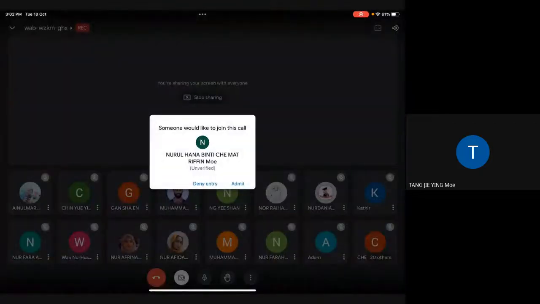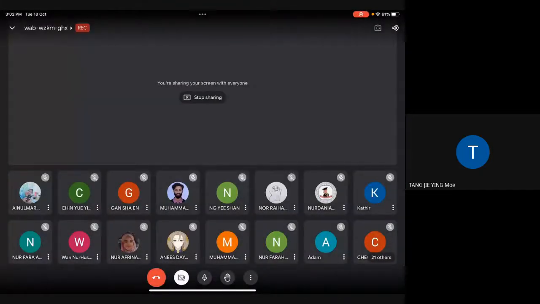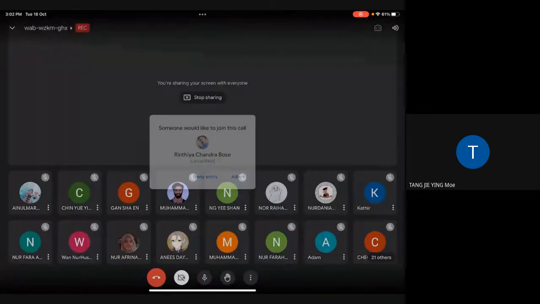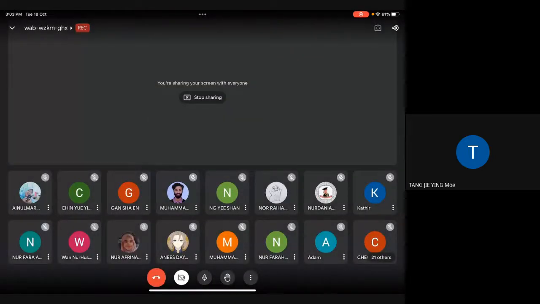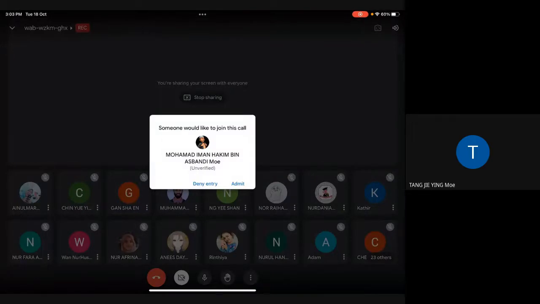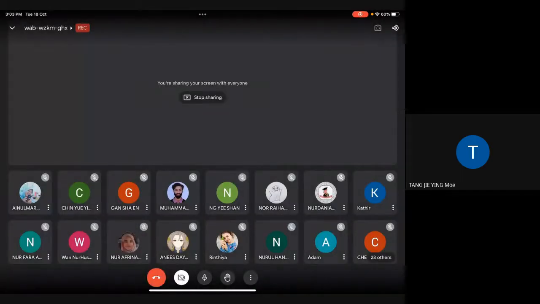Okay. Kenapa sikit sangat ni? Belum ramai lagi yang masuk ni. F4P4 ni dah ada ke dalam ni? Ada ke F4P4? Macam tak ada budak-budak F4P4 dalam ni. Baru 24 orang je.